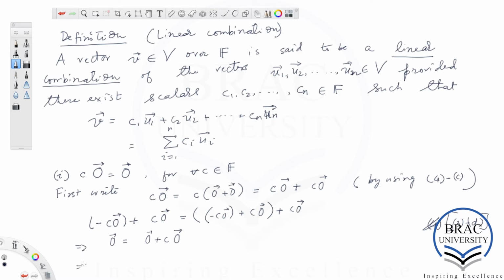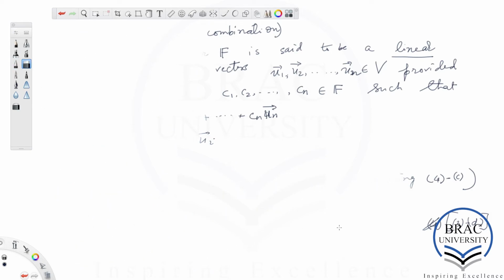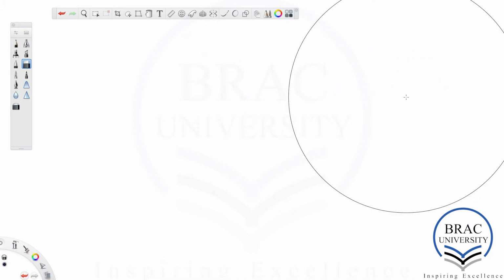Okay, and the zero vector added to c times the zero vector is c times the zero vector, which is the property of the zero vector, right? This is what we needed to prove. QED. Okay, so the first simple fact has been verified using the axioms satisfied by the vector space.